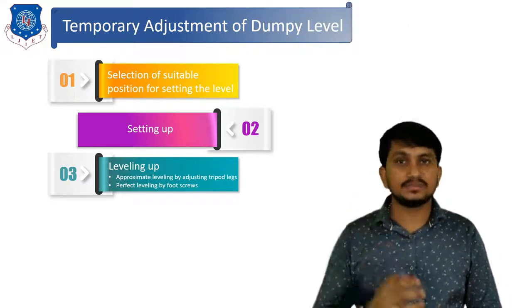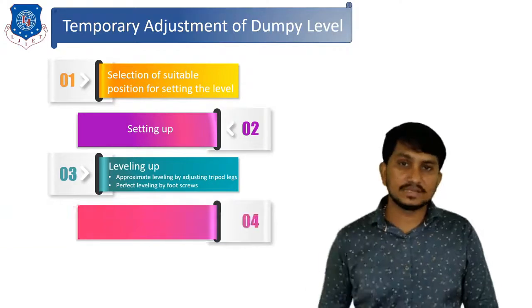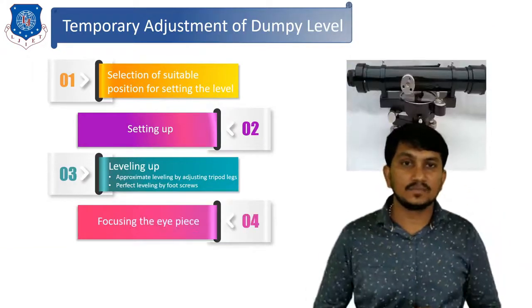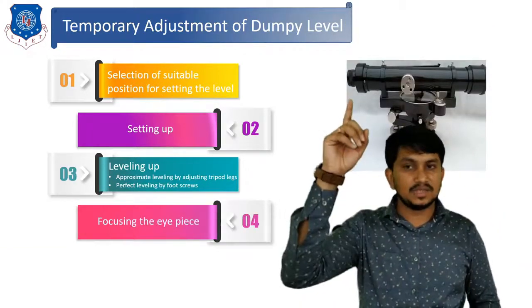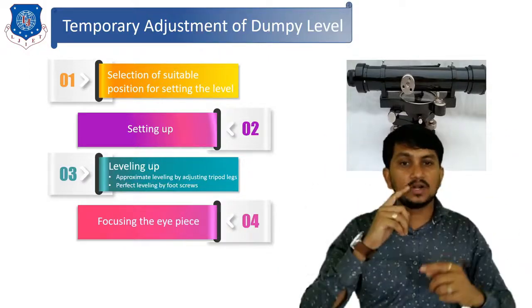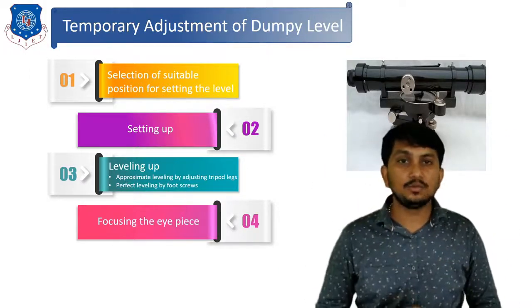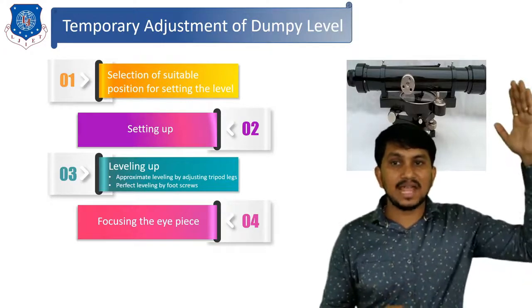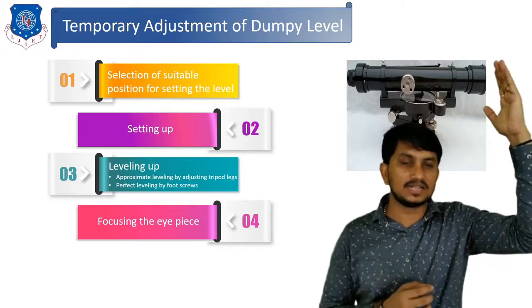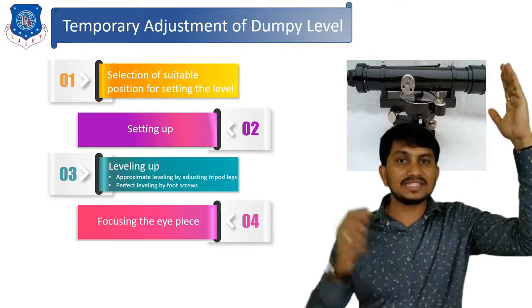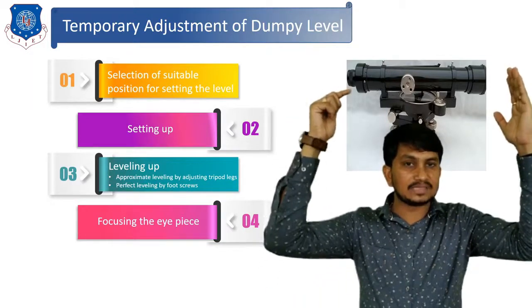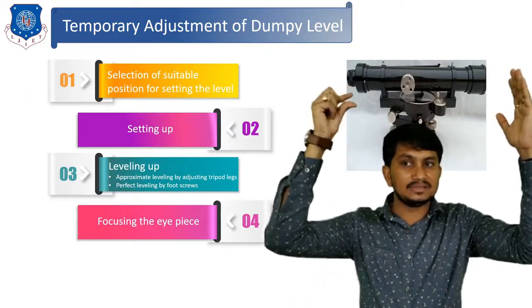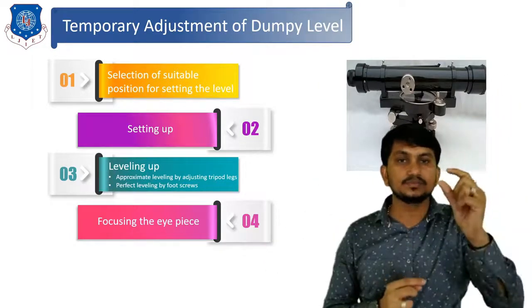After perfect leveling, the fourth step is focusing of eyepiece. This is called the eyepiece. This is called the object glass. For focusing of eyepiece, we use a blank white paper. This paper is held exactly in front of the object glass. We look through the eyepiece and adjust the eyepiece screw.